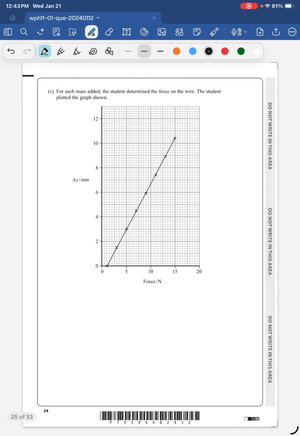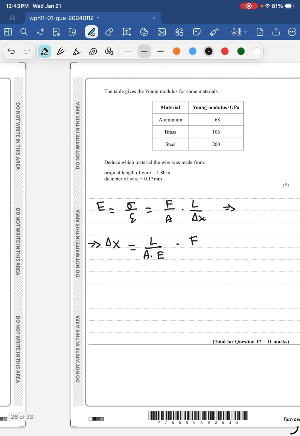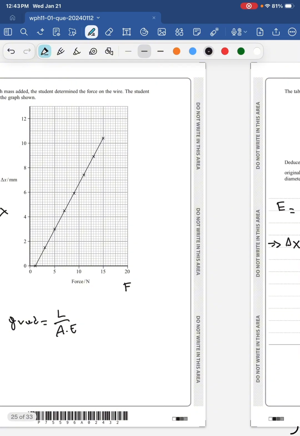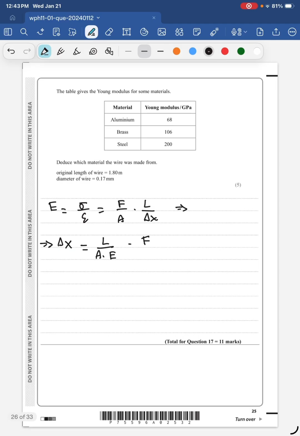Okay, and this is exactly what they give us. They give us delta x with respect to the force. So the gradient is equal to length over the cross section over the Young's modulus. Okay, so the Young's modulus is going to be equal to the length over the gradient over the cross section.